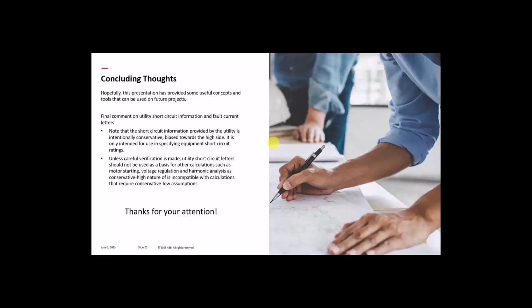So you're going in the wrong direction when you do calculations like motor starting, voltage regulation, harmonics. You need the worst case low for those kinds of analysis, so it does not apply.